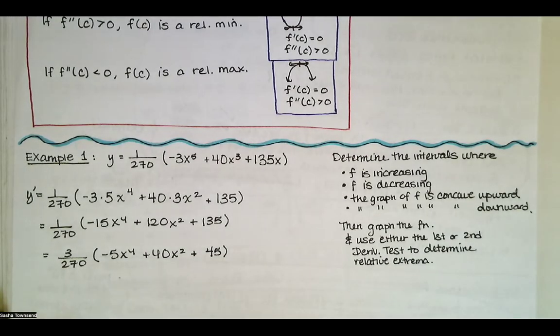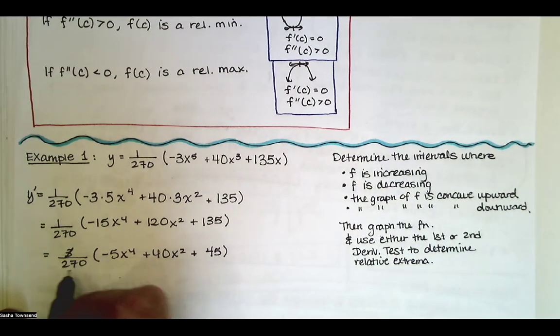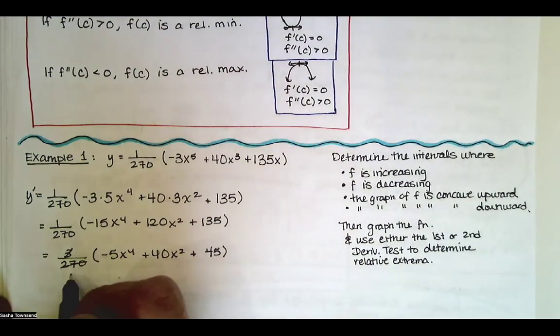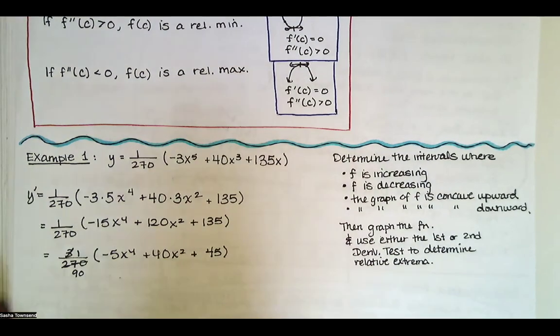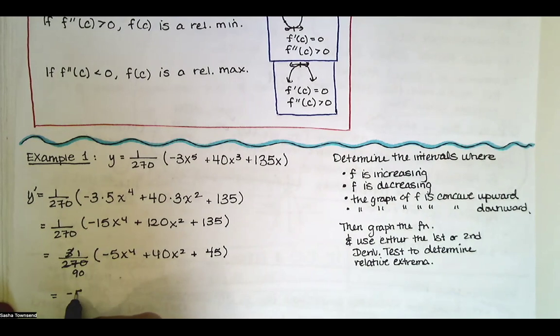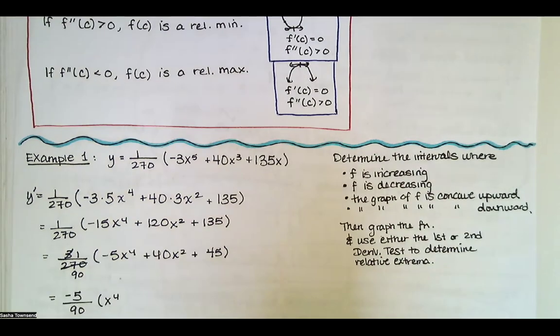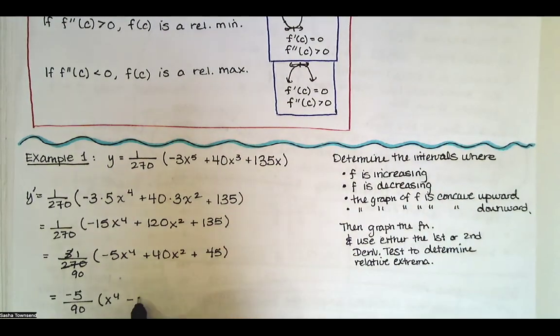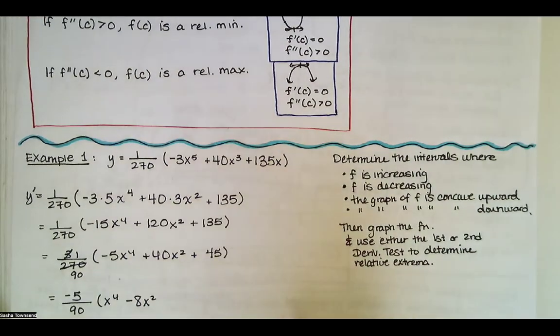It looks like we've got an extra factor of 5 as well. So I'll divide that. 3 goes into 27 9 times. So this is going to be 1 divided by 90. And then we'll factor out a 5 as well. So -5 times x to the 4th would give us this -5x to the 4th. -5 times -8x squared would give us that positive 40x squared.